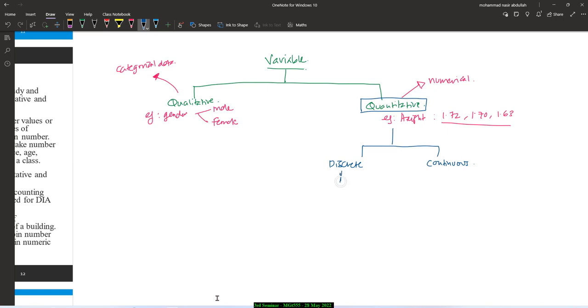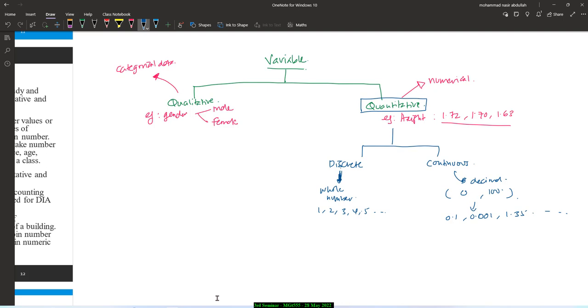Discrete quantitative is a value that contains whole numbers, for example 1, 2, 3, 4, 5, and so on. Continuous quantitative consists of decimals. Any value within a range is possible, from 0 to, let's say, 100. So from 0 to 100, 0.1, 0.001, 1.35, and so on. All of these are values under some range, some interval, from 0 to 100.